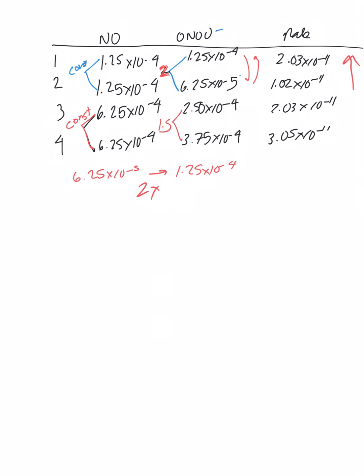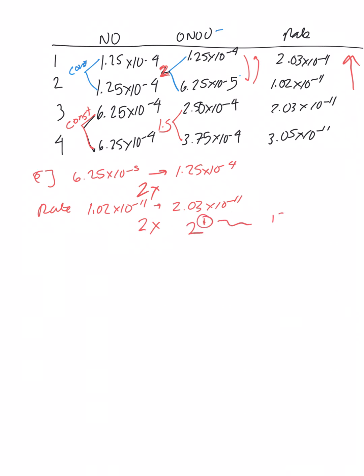That is our concentration. When we look at our overall reaction rate, we go from 1.02 times 10 to the negative 11 to 2.03 times 10 to the negative 11. Okay, alrighty. So we also increase by 2 times, and our change here is 2 to the 1.